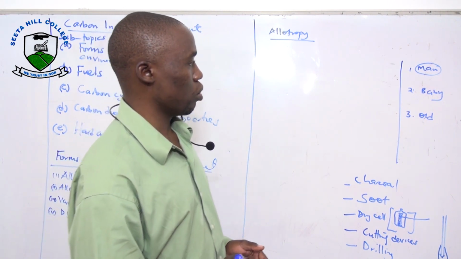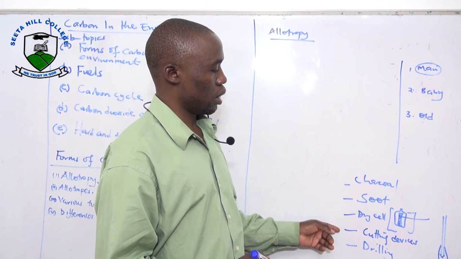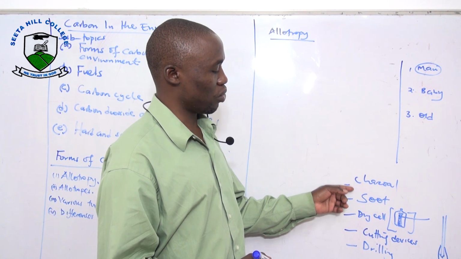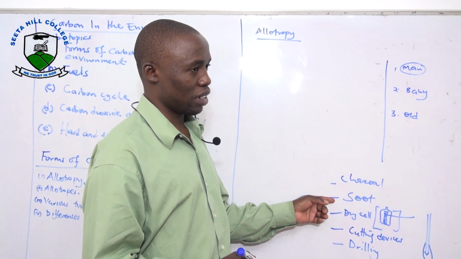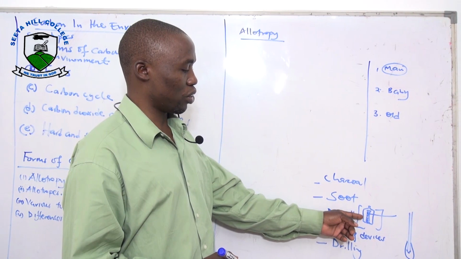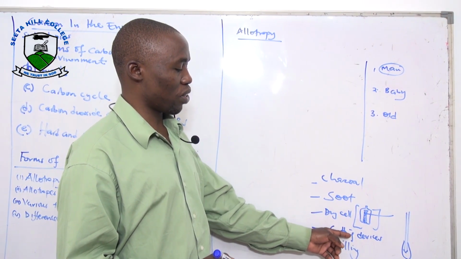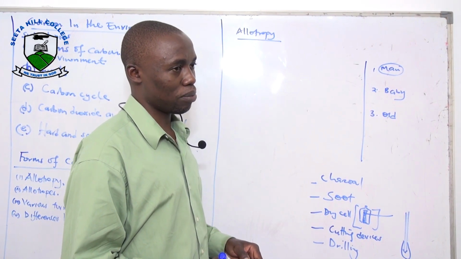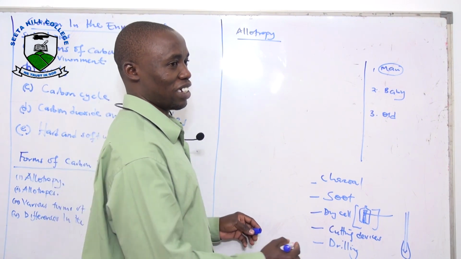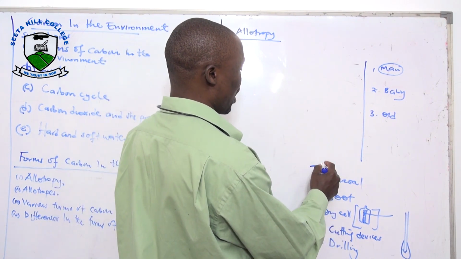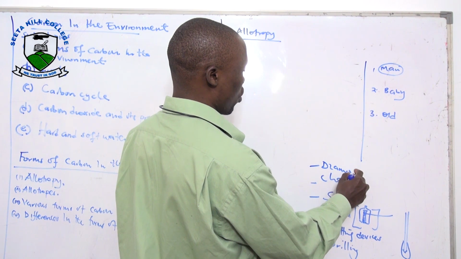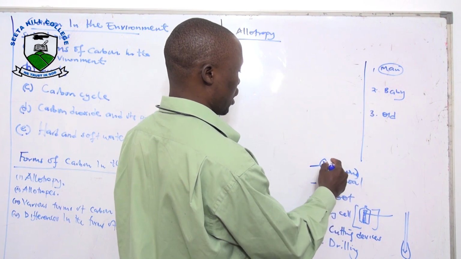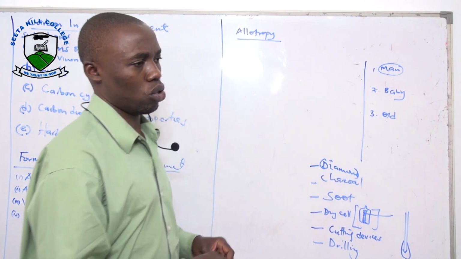So you realize that all these, you see this is black, soot is black, even that is black, and also the cutting device for the machines, is it black? Or you haven't looked at it? Have you seen some necklaces made of this? Yes. Diamond? How do they look to your eyes?